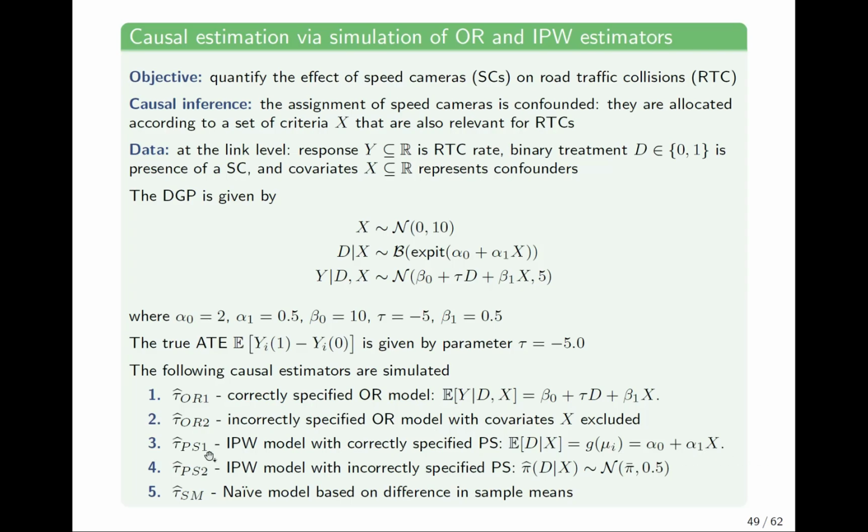And then we simulate, in number 4, an IPW model, but where the propensity score is incorrectly specified, in this case just randomly generated from a normal distribution. And finally, we're also going to use a naive model based on the difference in sample means that would give us a good answer did we have unconditional independence, but we don't due to the way the data generating process has been set up.